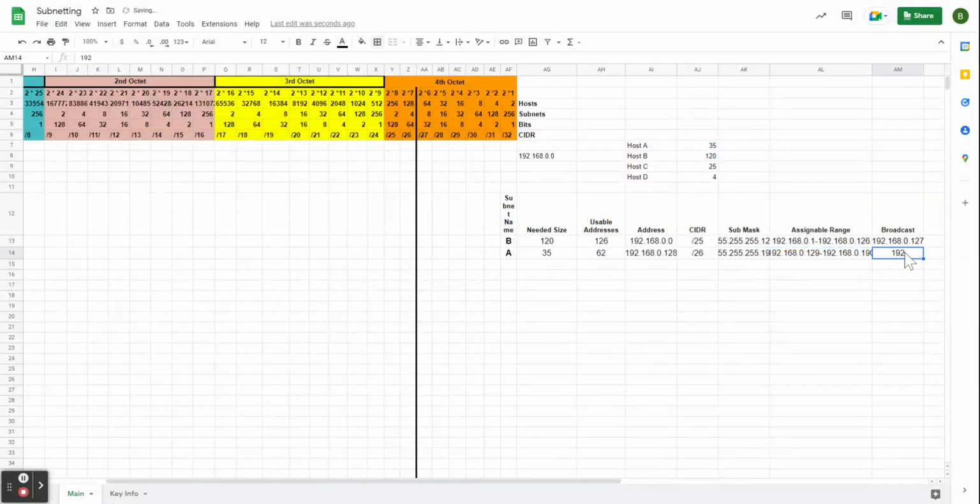Broadcast address 192.168.0.191. Yeah, so again, where I've got that from, this is going up in blocks of 64. Because the number to the left of my line in the bits is 64, so that's then the network addresses are going up in blocks of 64. So I can fill the next network address in from that information. So 192.168.0.192.